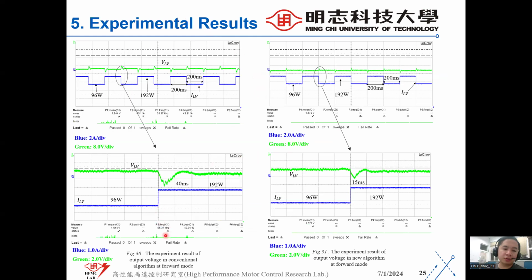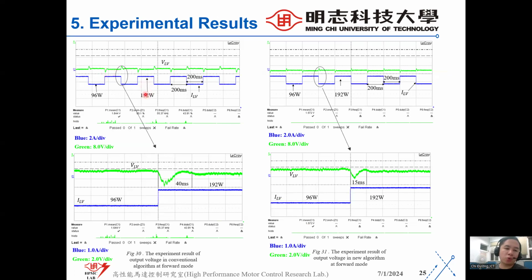And Figure 30, so the output at the forward mode, output at the forward mode with the conventional algorithm and new algorithm. Let's say first I will set with the 96 watt, and I will add another 96 watt.